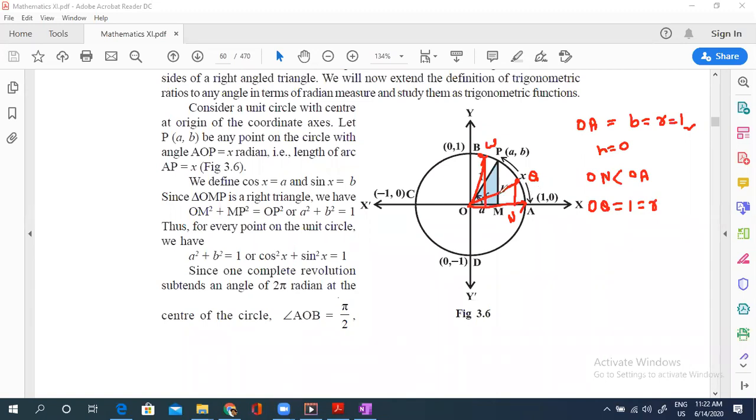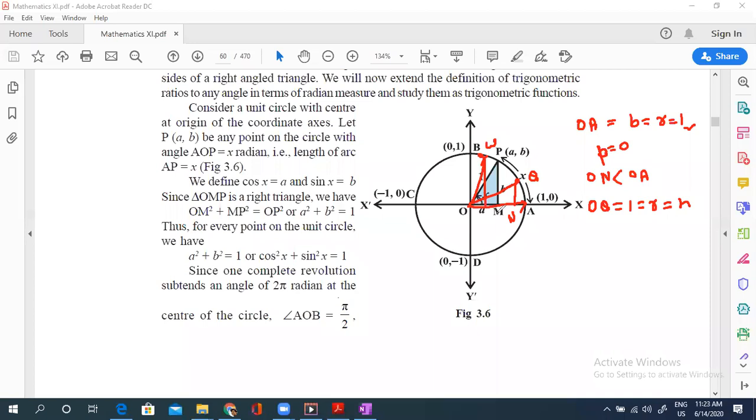And OQ is your hypotenuse also. So I can say that the hypotenuse, which is OQ, is fixed. Now ON and QN will change.